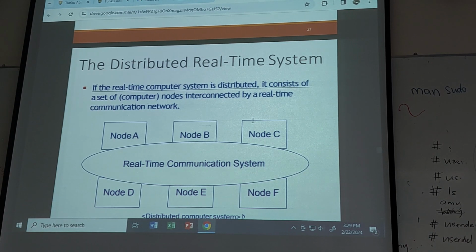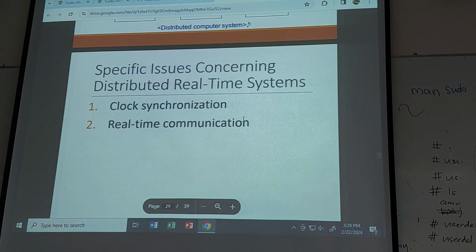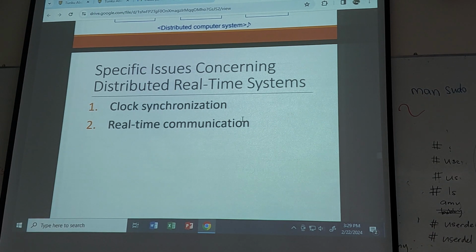Let's say, for example, in the car, yes, you have real-time communication. Actually, your car has a network inside there. Maybe you're not aware. The network is just like the internet, right? But it's slightly less powerful.